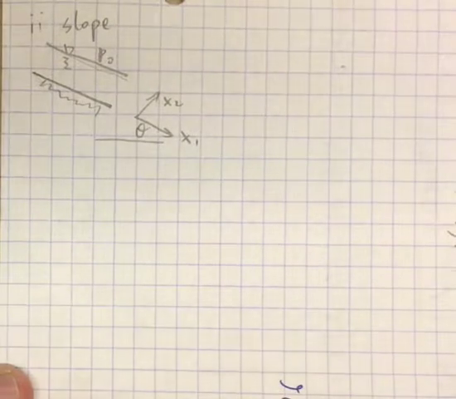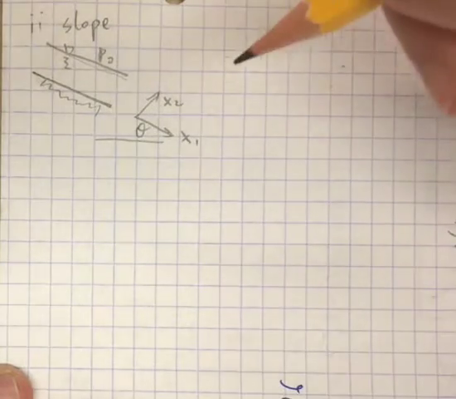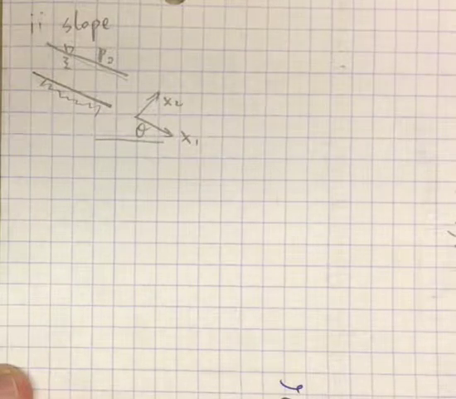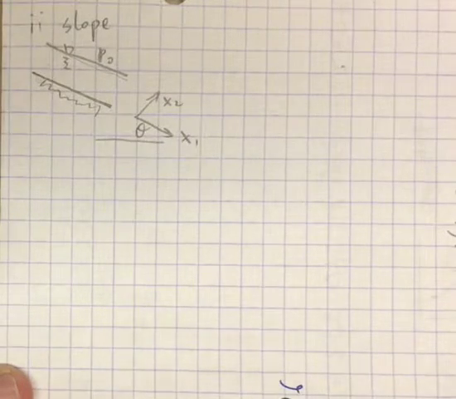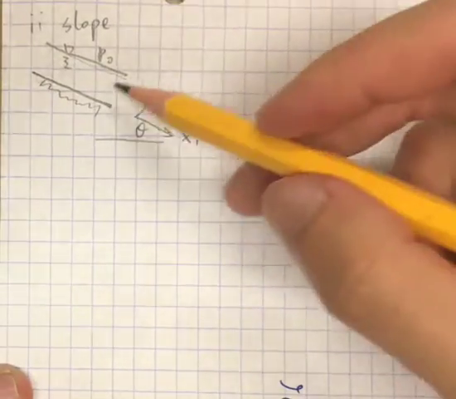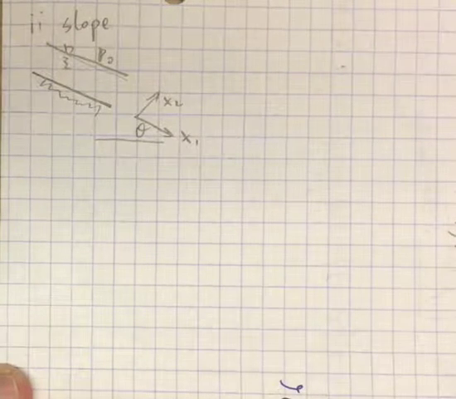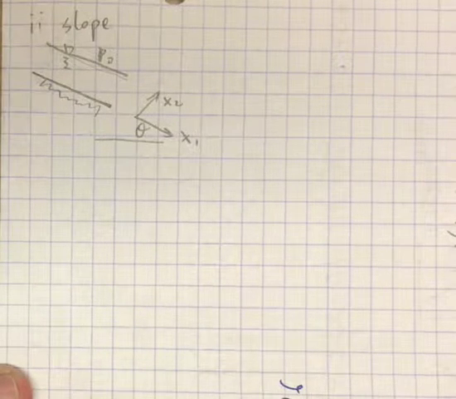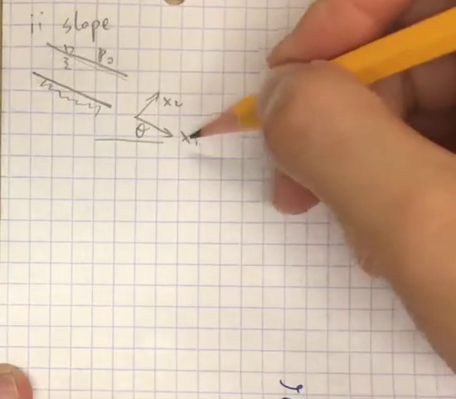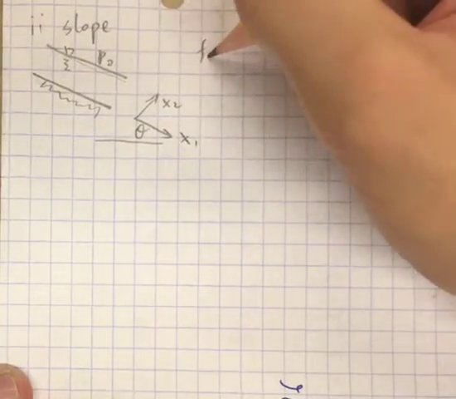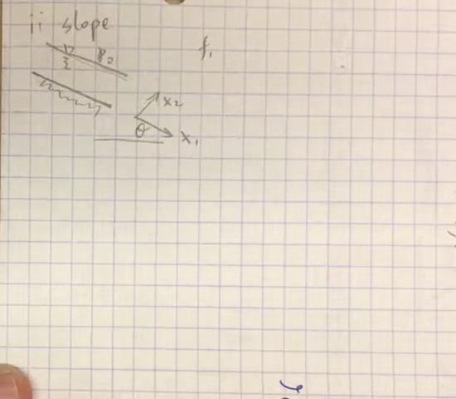Here, gravity takes a part, right? In the last case, we didn't calculate gravity, but now gravity is actually the propulsion. So obviously, we cannot neglect the gravity here. In the x1 direction, what's the component of gravity?